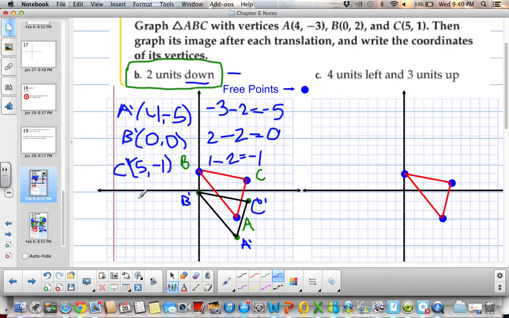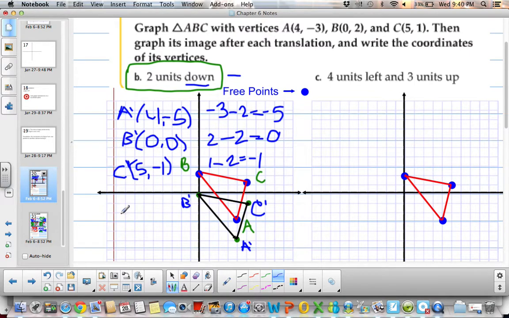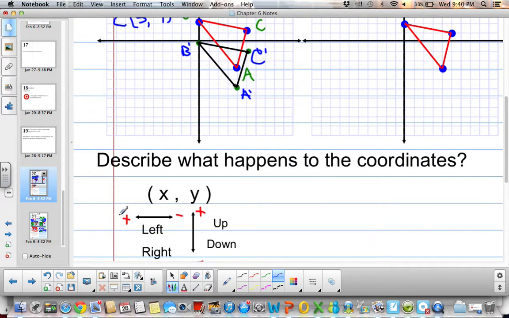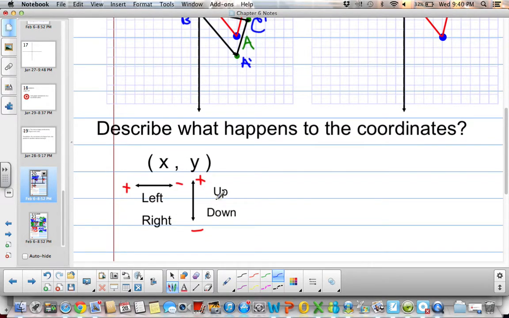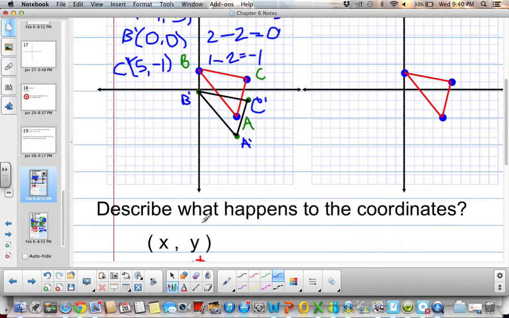So if we're going up or down, what happens to the coordinates? Then our y changes. So if we're going up or down, we're going to change the y, but the x stays the same. Okay? If it's positive, we're adding to y. If it's negative, we're going to subtract from y.